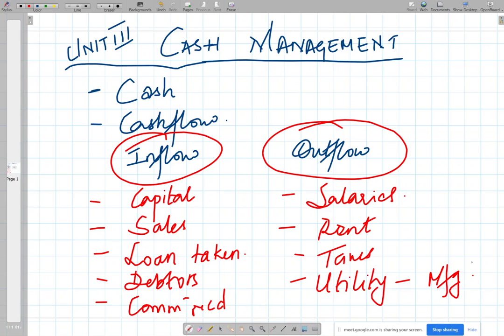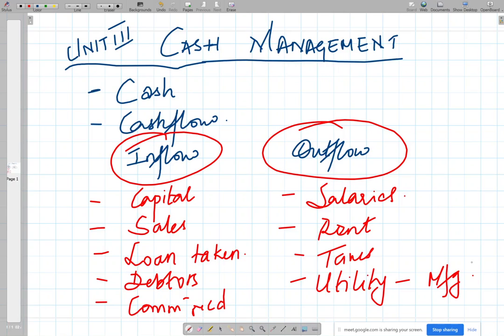And accordingly, we can plan, we can have strategies to manage the manner in which this cash goes out and comes in. Because our whole objective here is to make sure that the business has the required optimum level of cash.